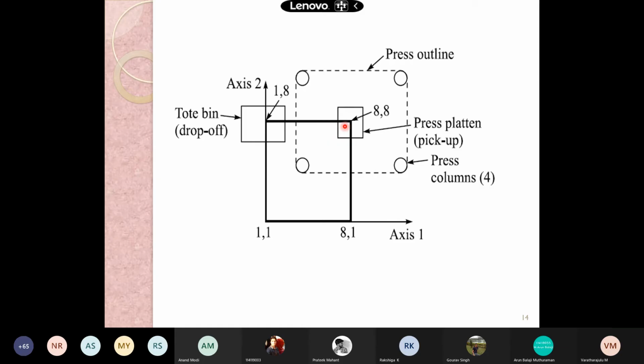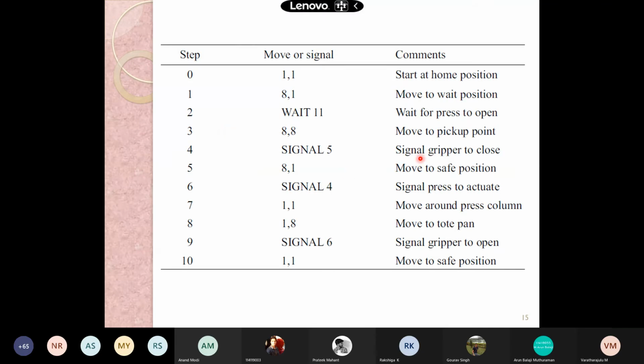At 8-8 we have some debris, and that debris has to be picked up and then dropped at 1-8. As I have explained, ports 1 to 10 are used for signals and from 11 we are using them for wait. We can use either as per our wish, and those ports are allotted for wait. Then we move to 8-8, and then signal 5.